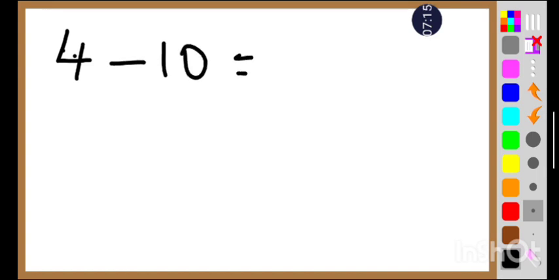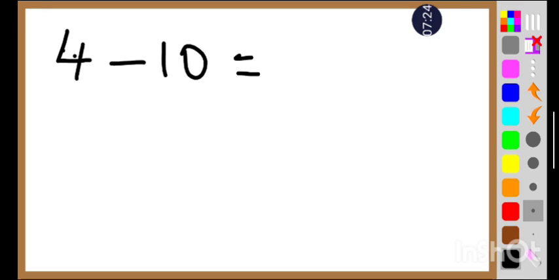Let's look at this other example. 4 minus 10. If you are using a number line, you go to 4, you count 10 to the left.